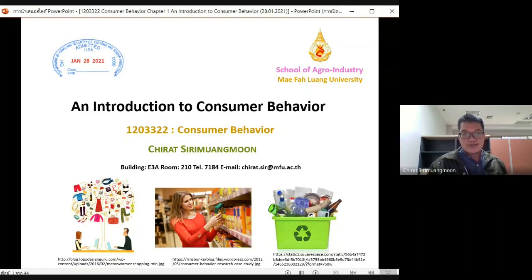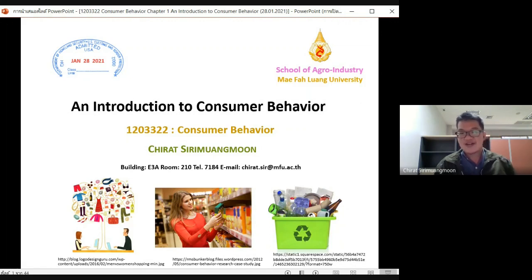With these pictures, you might see three things on the first page, the cover page. This is how consumer behaviors happen. It starts from what we call pre-purchase. You need to look for some information and decide what products you would like to have, what kind of information you need to collect.